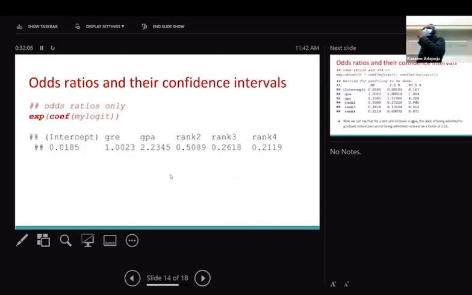Now, the next thing we want to do. I told you the other time, there is a difference between log odds and the odds ratio. What you get in the table, in the regression output, we call them log odds estimates, right?